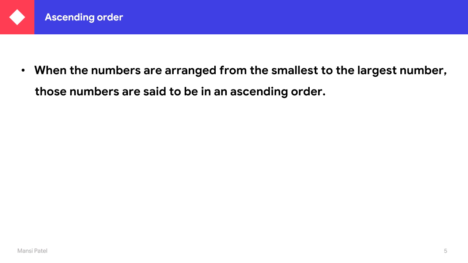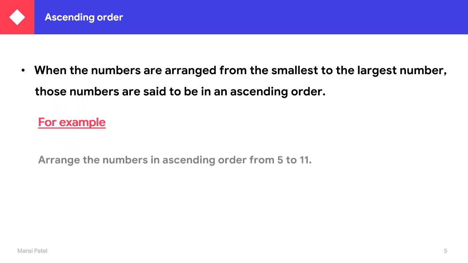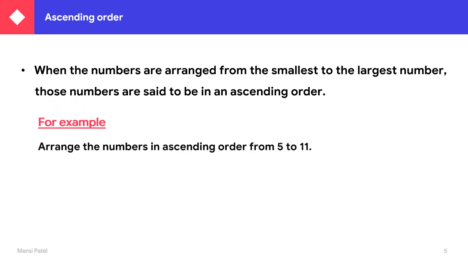In increasing order, in ascending order, you have to write down first smallest number and then you move to the largest number. For example, here, arrange the numbers in ascending order from 5 to 11. So from these, how many numbers do you have? 5, 6, 7, 8, 9, 10 and 11.